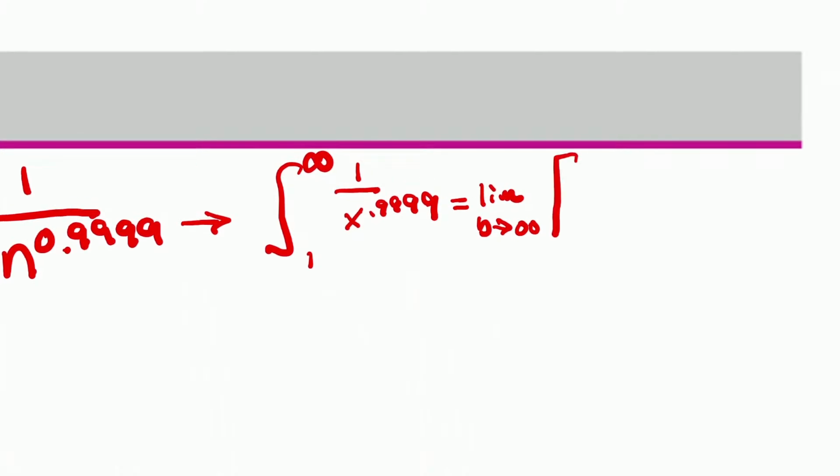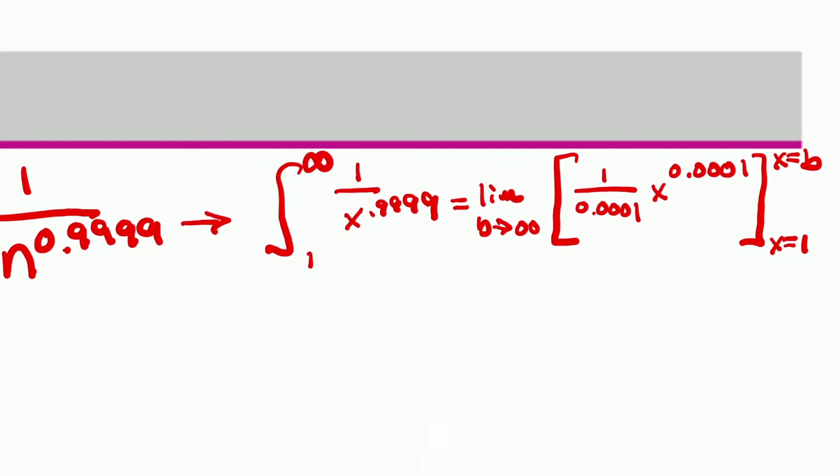Of this, the antiderivative of x to the negative 0.999 will be 1 over 0.0001 times x to the 0.0001, evaluated from x equals 1 to x equals b. So far, so good. You probably did something similar, I hope. So there's my antiderivative, and I know that's such a small number.